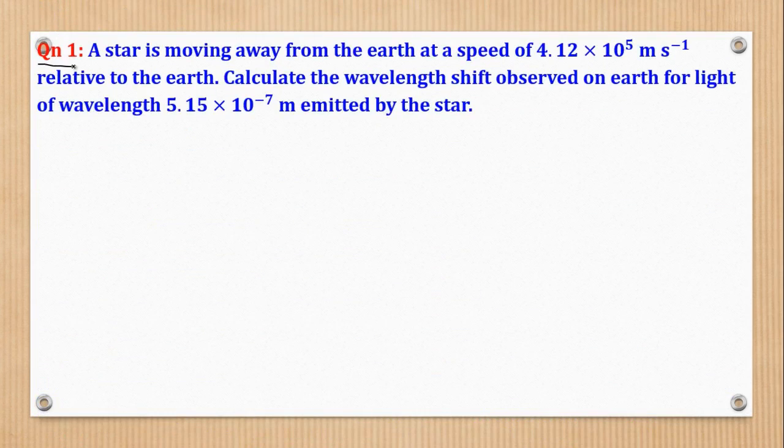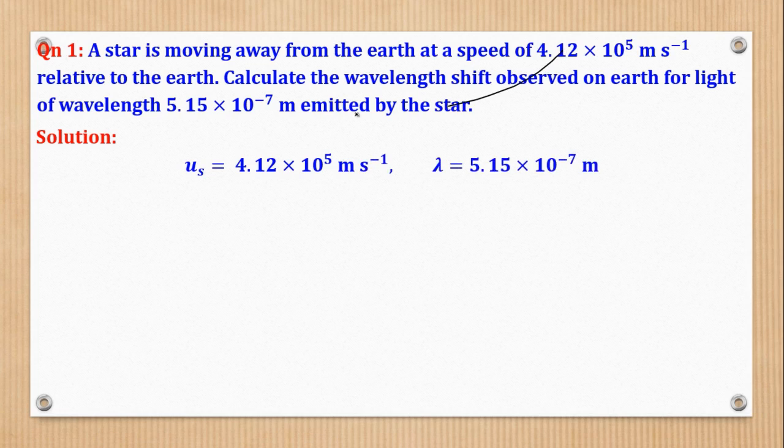So we shall go through these questions. Question 1 says a star is moving away from the Earth at a speed of this relative to the Earth. Calculate the wavelength shift, that is the Doppler shift, observed on Earth for light of wavelength this emitted by this star.